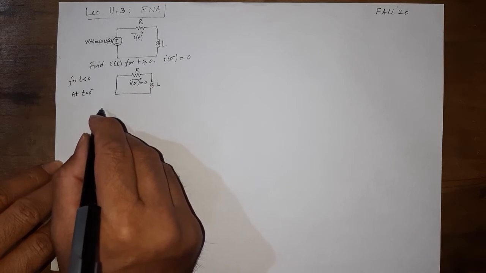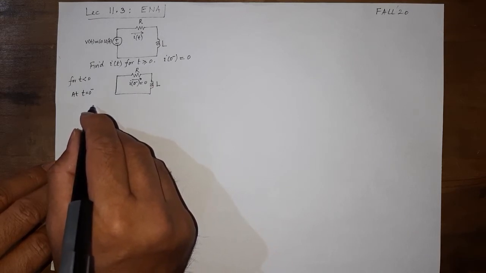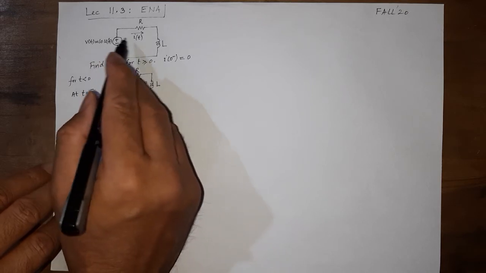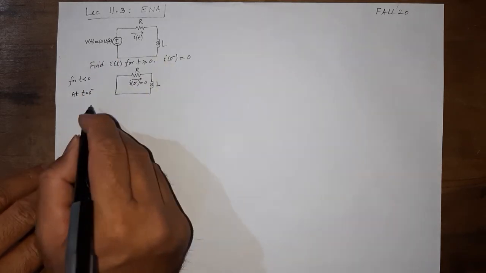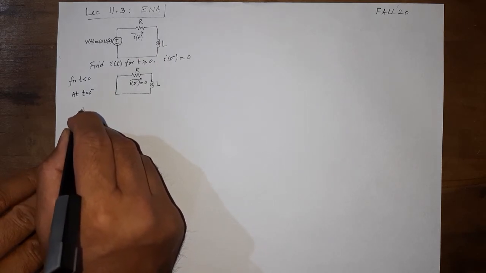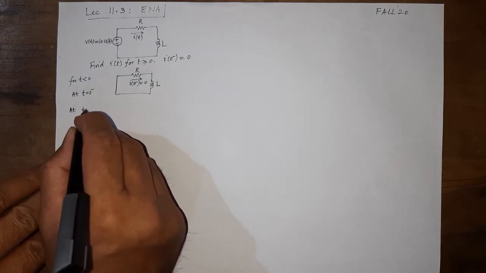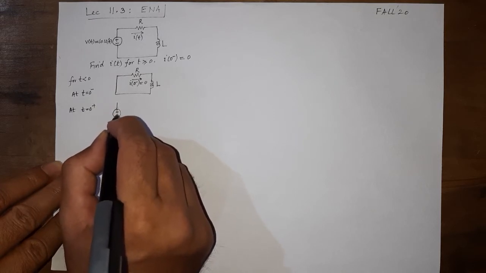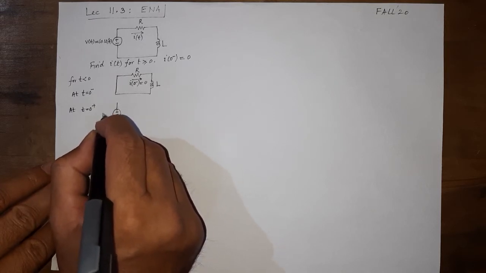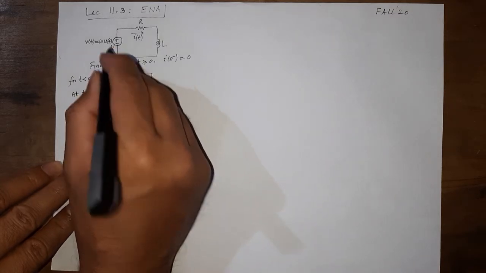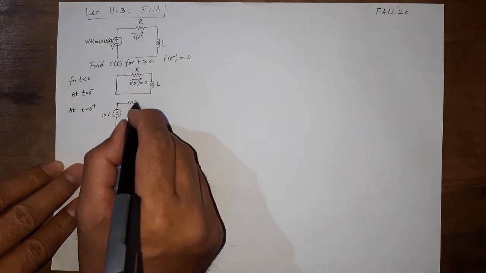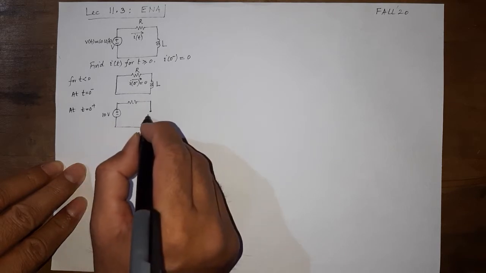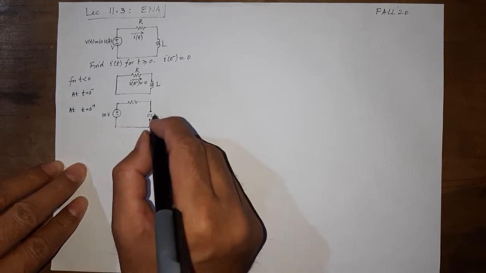And then this voltage source came into play, and this circuit got erected. So you can very easily see that at t equal to 0 plus, although the voltage source has come into play, this inductor will still be behaving as an open circuit. Why?